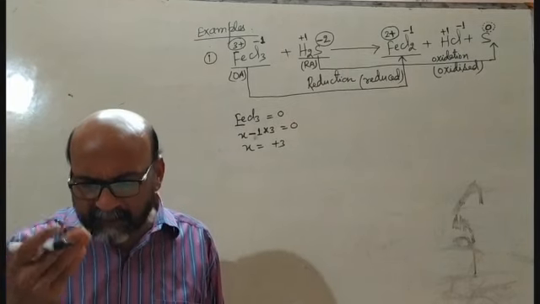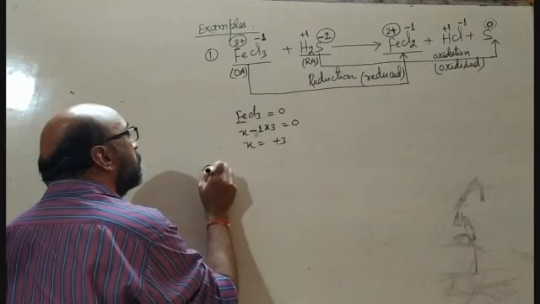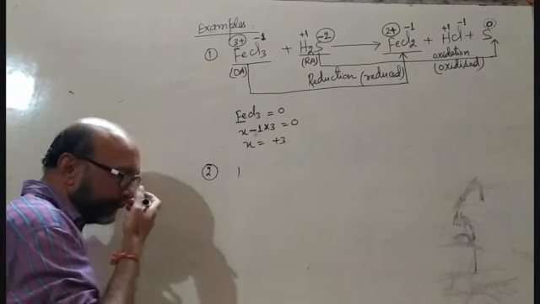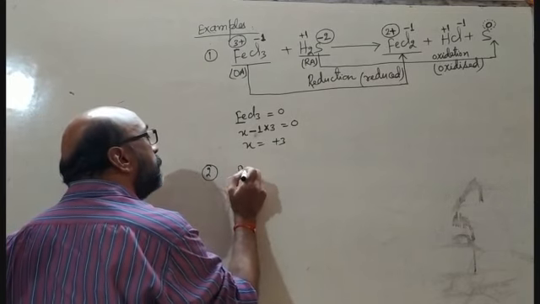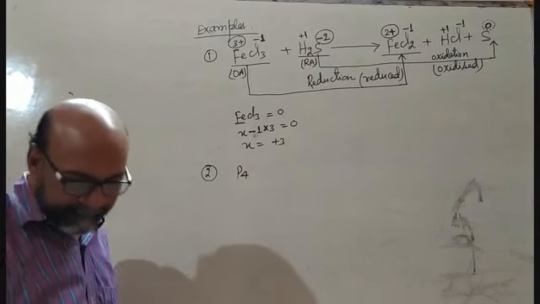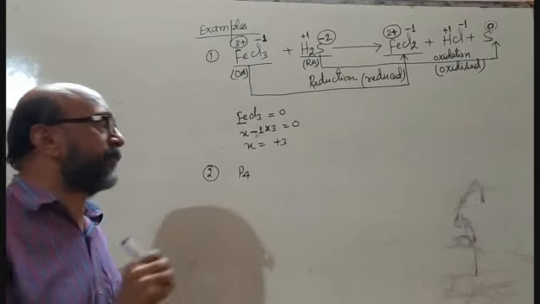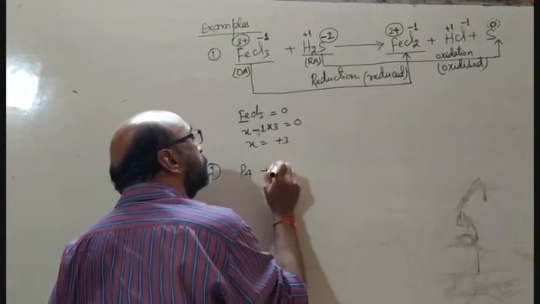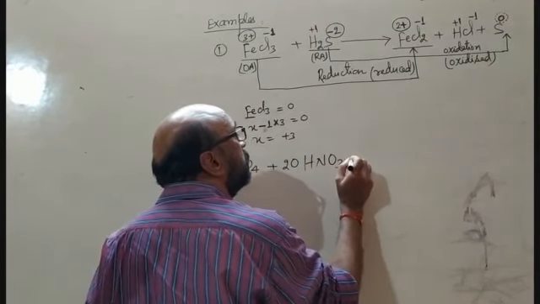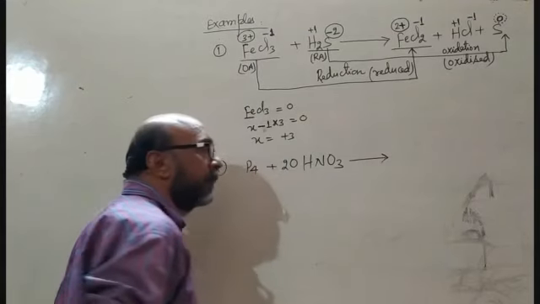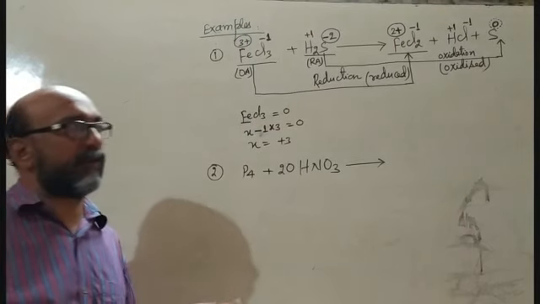Similarly, we can take another example. Say the reaction is P4, phosphorus, reacts with nitric acid, 20HNO3, to form phosphoric acid.